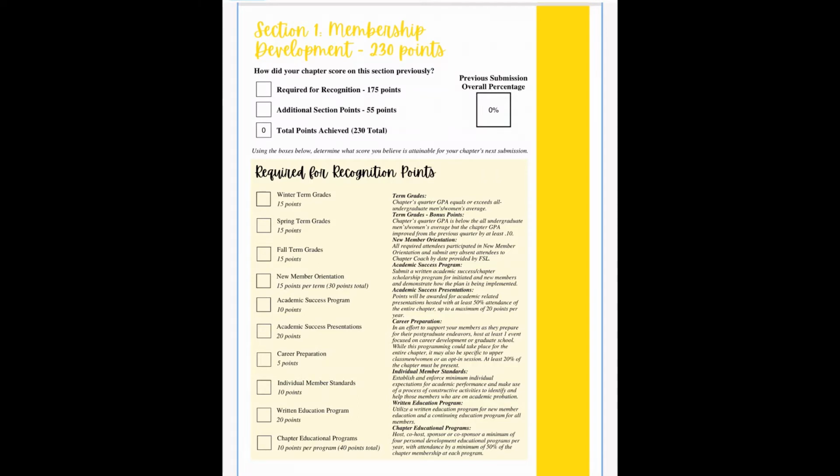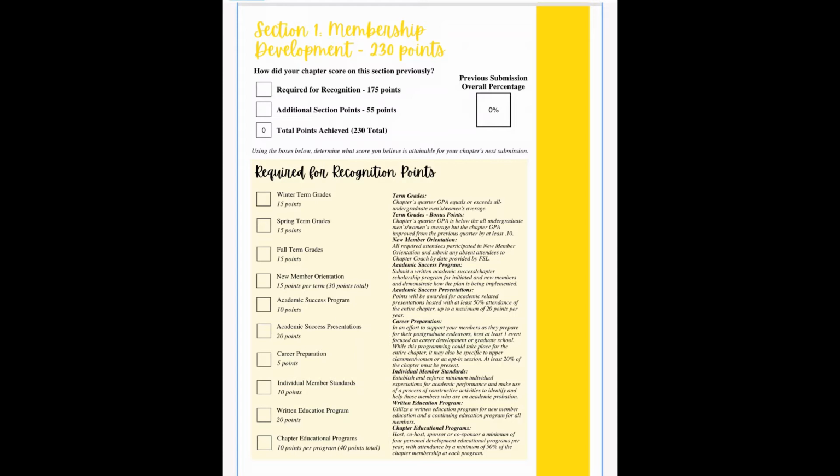On your screen now is the Membership Development section, or Section 1. On the top of the page, you will find the question, how did your chapter score on this section previously? With 4 boxes for the points that are required for recognition, additional section points, the total achieved in that section, and the percentage for that section.